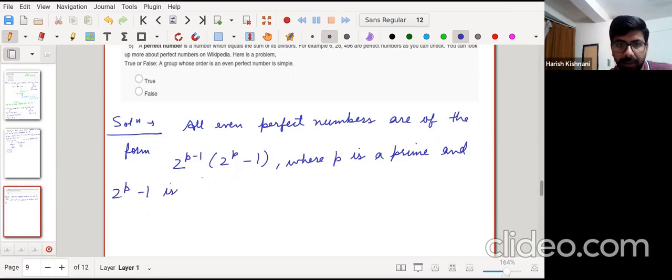So p is a prime and 2^p - 1 is also a prime number.